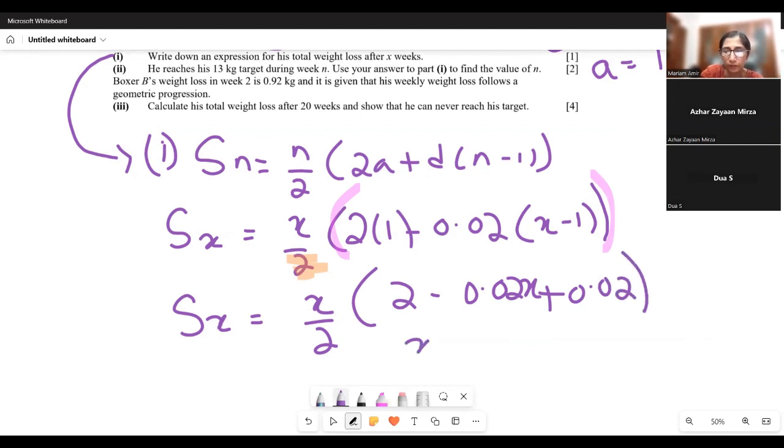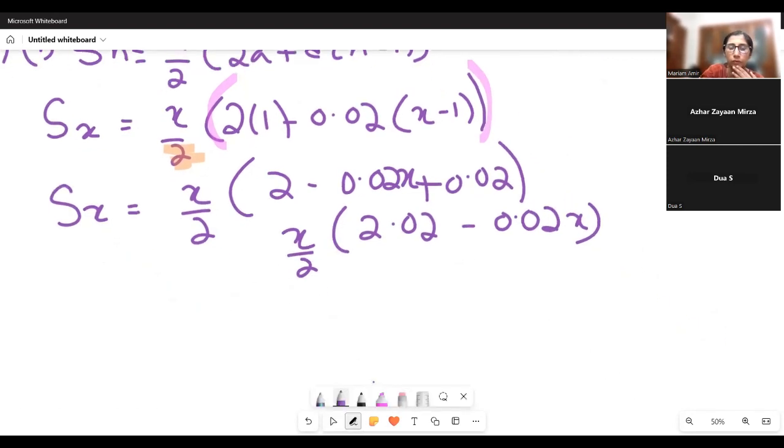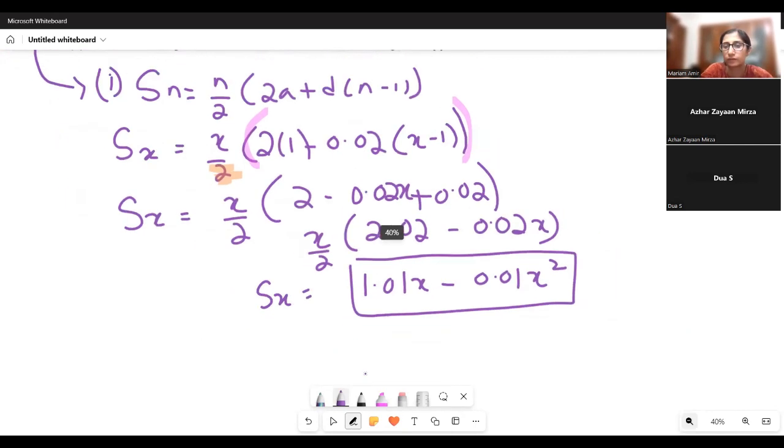So that gives us x upon 2 times 2.02 minus 0.02 x. Now multiply with x and divide with 2. So we get 1.01 x minus 0.01 x squared. If that is correct, that's the expression for total weight loss in x weeks.